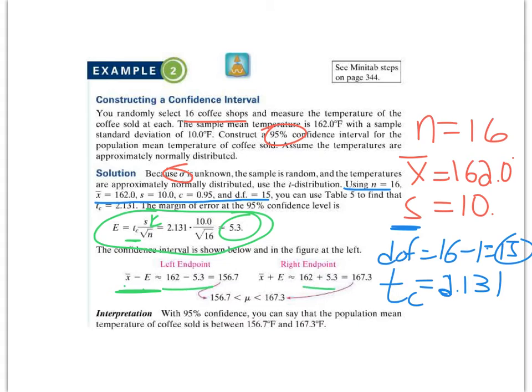Then we add the 5.3 to get our right bound. So with 95% confidence, you can say the population mean temperature of coffee sold is between 156.7 degrees Fahrenheit and 167.3 degrees Fahrenheit. Again, the number one difference in this process is the degrees of freedom and looking up the value on the table.